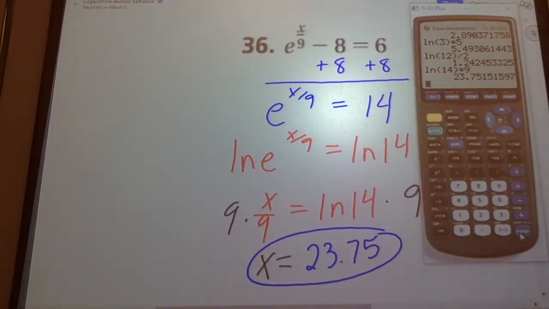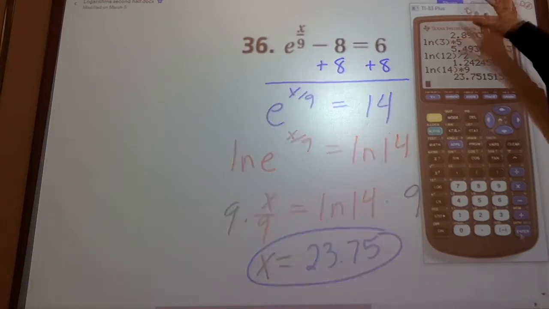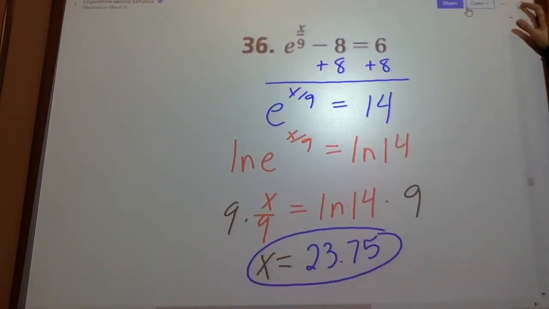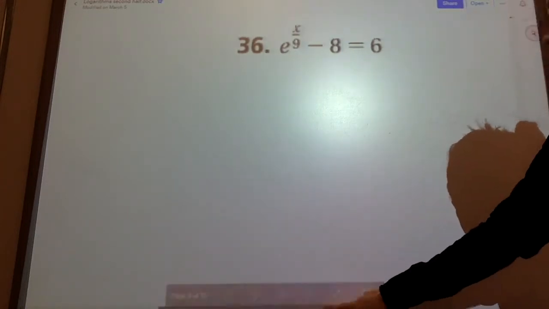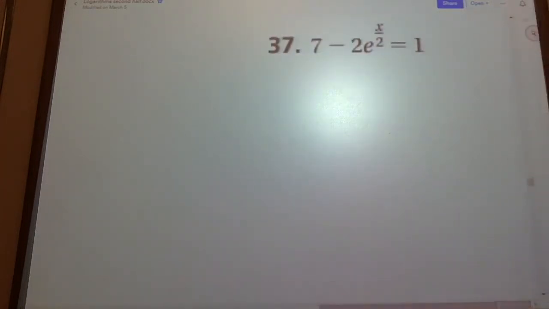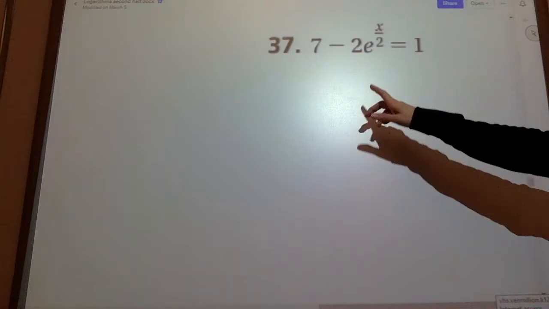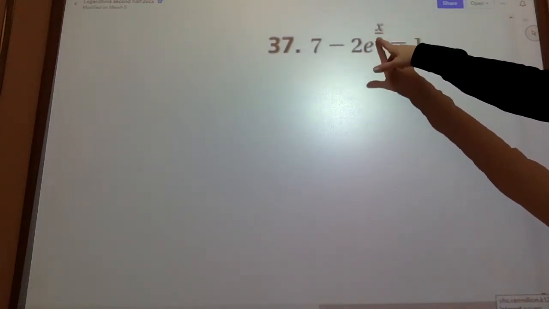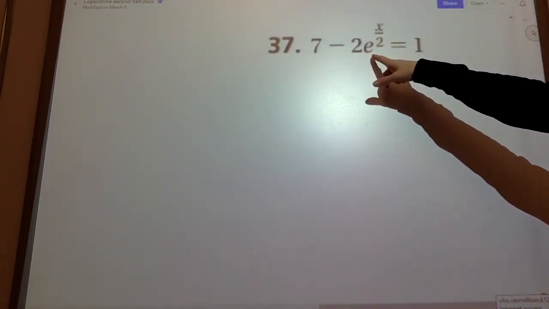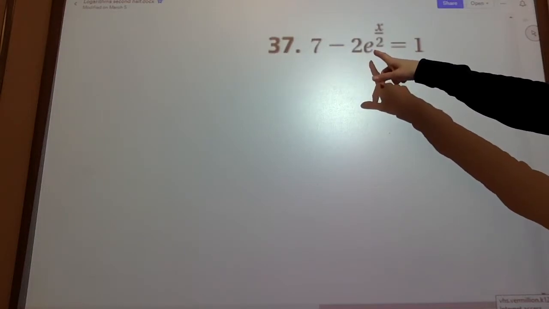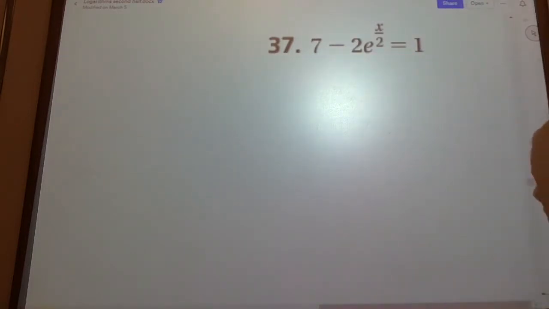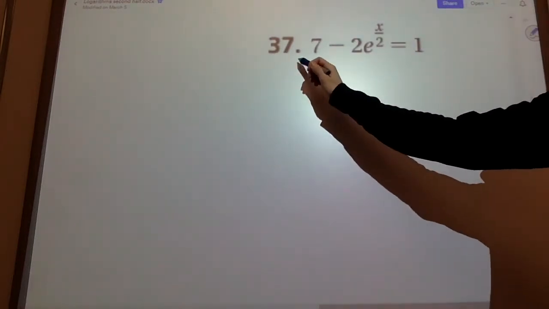Let's do one more, the last one. In this one, I do want to get just this e to the x over 2 by itself. So there's 2 steps I have to do in this one. What are they? Minus 7 first, right?